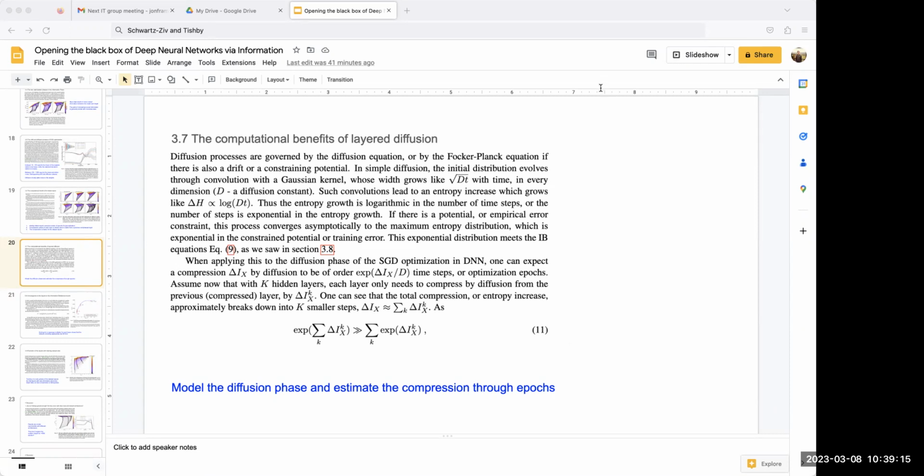I don't see the word objective in the paper itself. Yeah, I'm not sure what they're optimizing for.